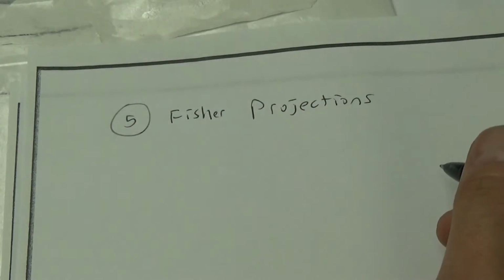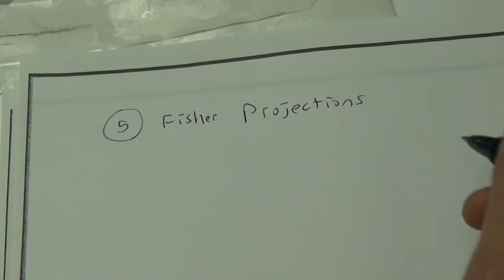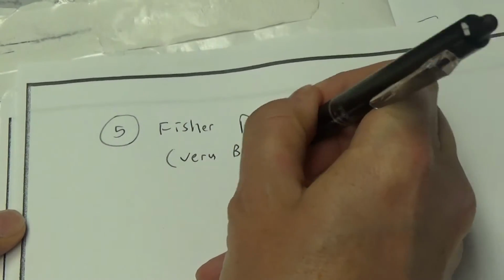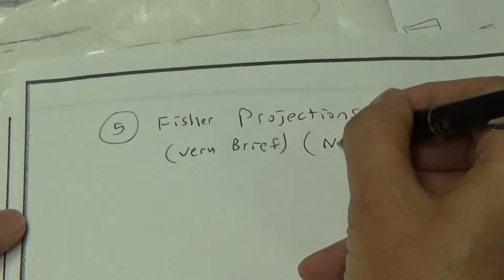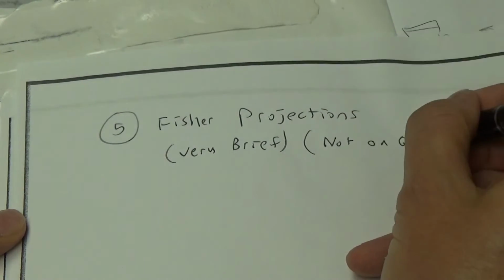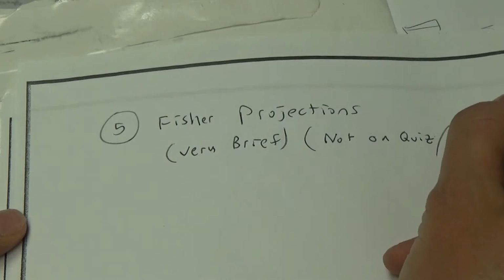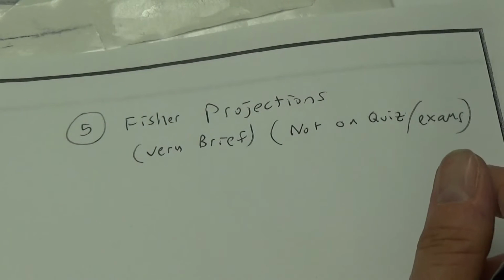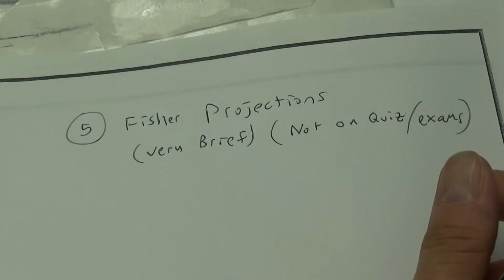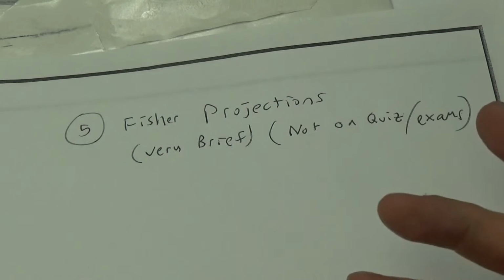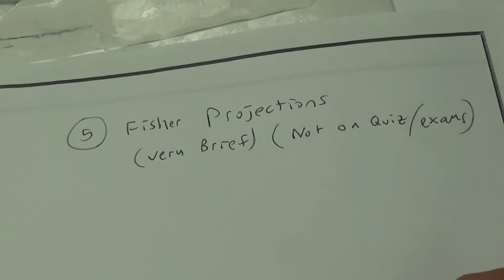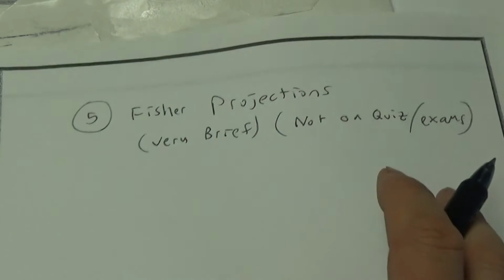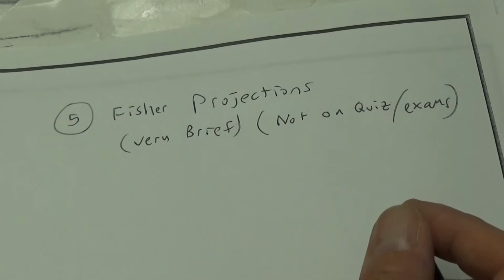This is a different way of depicting chirality. I'm going to say it's very brief. We're not going to spend a lot of time on this, and it's probably not quizzable, not on quizzes, exams and things like that. But we're just going to mention what it is because the book mentions it, and it's kind of useful to know about. It's a little bit of a historical nomenclature.